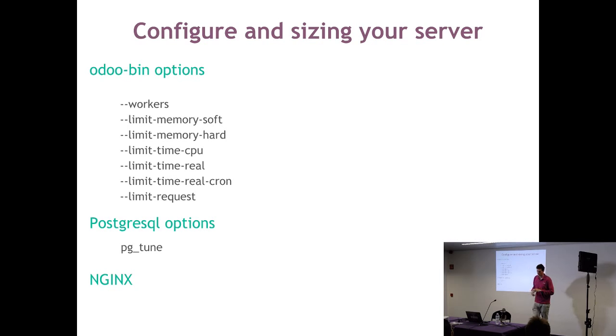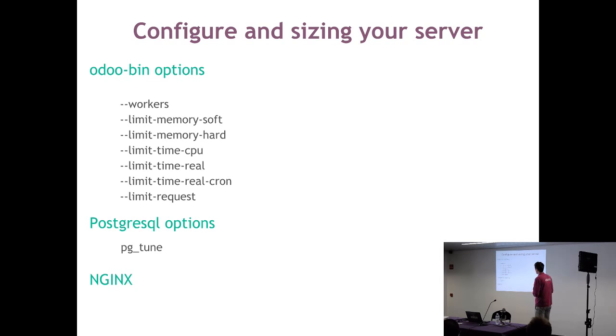And you can also have a lot of different options. Normally you can go to the Odoo documentation to check how to configure your server. But as you can see, we have theoretic values for these options, and it's really complex to know how to configure and optimize memory in Odoo.